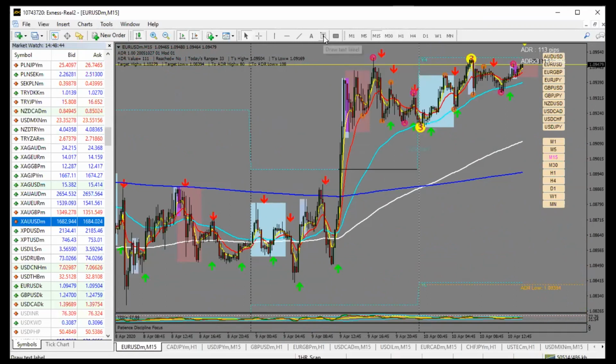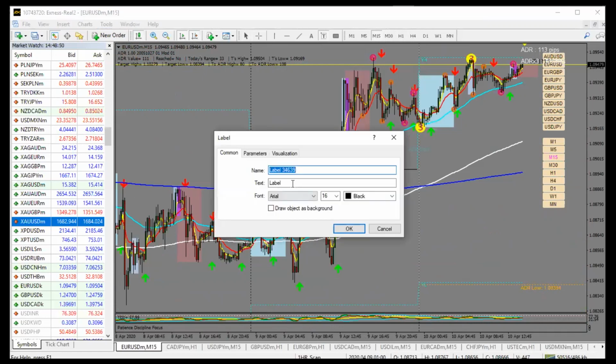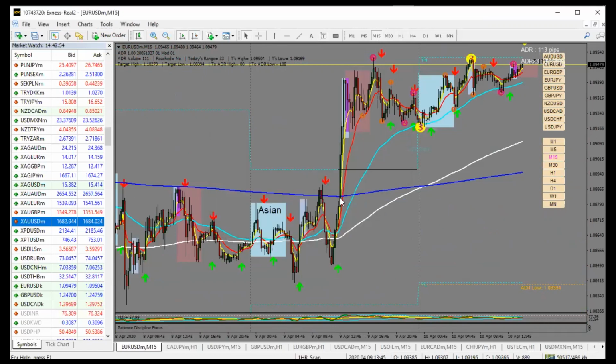We have the Asian session right there. Then we have the low of the day being shown by first leg, second leg. This happened yesterday.